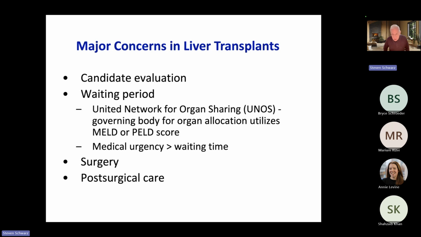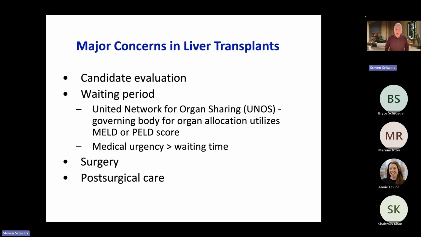The major concerns in trying to evaluate and manage patients with liver disease who may require transplantation is candidate evaluation. What are the determinants that are going to lead you to recommend transplantation? The problem also is the waiting period. We generally work through the United Network for Organ Sharing, or UNOS.